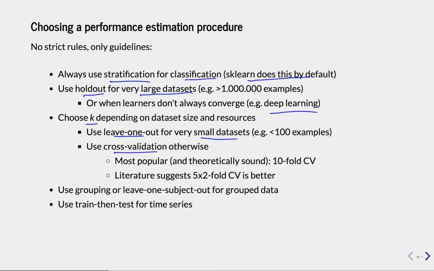And again, there are different ways to do that. Most popular and accepted methods are either one-time tenfold cross-validation, or something like 5 times twofold cross-validation. There are a lot of papers that study which are the best ones, but these two are fairly common and used a lot.